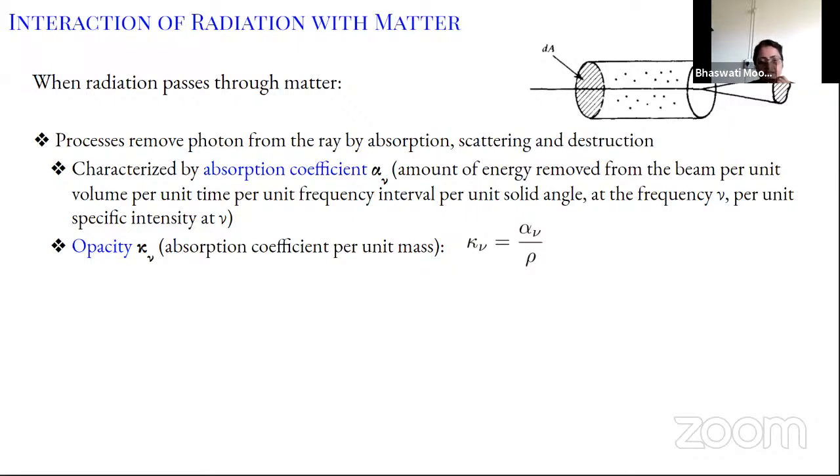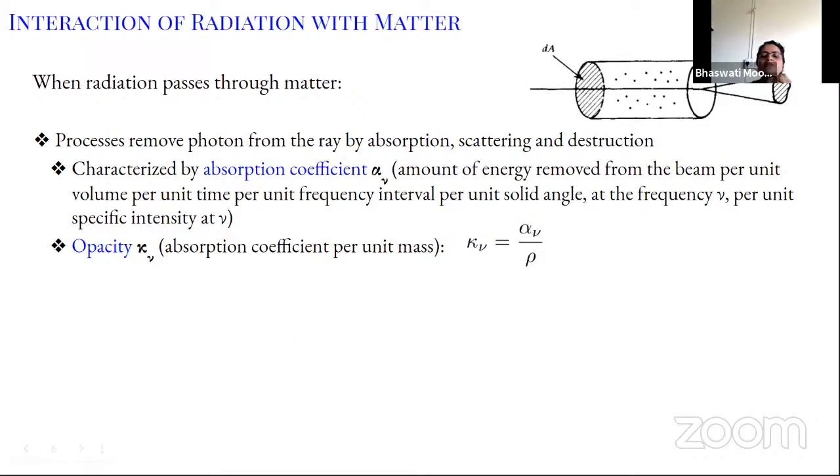All of these can be clubbed together using a quantity called the absorption coefficient, and we write it as alpha nu. We will see why. It is the amount of energy removed from the beam, which means the direction in which we are looking, per unit volume, per unit time, per unit frequency interval, per unit solid angle at the frequency nu, per unit specific intensity at nu.